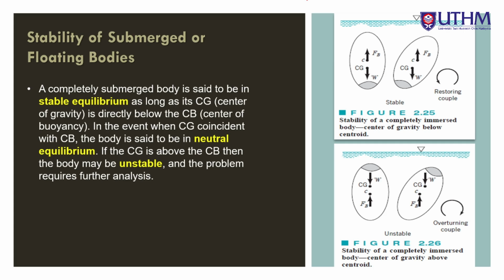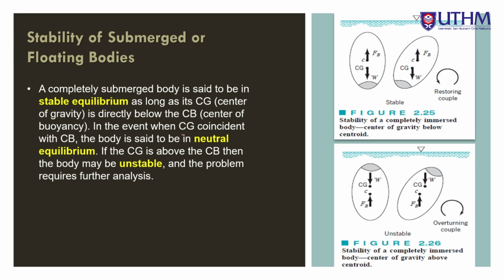A completely submerged body is said to be in stable equilibrium as long as its center of gravity is directly below the center of buoyancy. In the event when center of gravity coincident with center of buoyancy, the body is said to be in neutral equilibrium. If the center of gravity is above the center of buoyancy, then the body may be unstable and the problem requires further analysis.